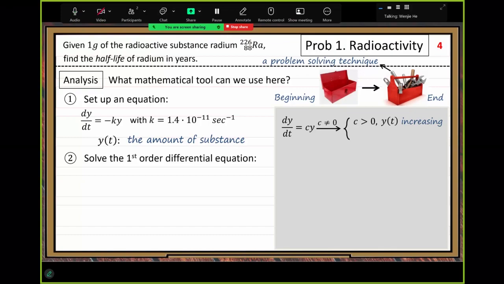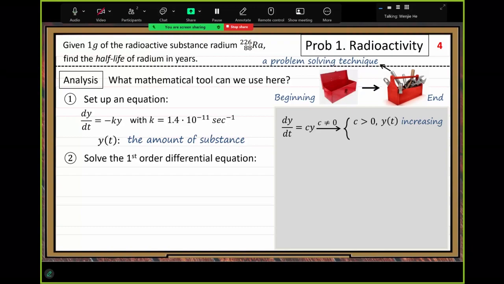Amount of grams, a certain number of grams. It's a positive number. Positive c times a positive number, its derivative is positive. That means this function is increasing, right? The function value becomes larger and larger.